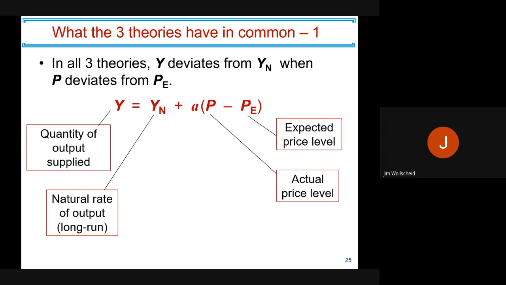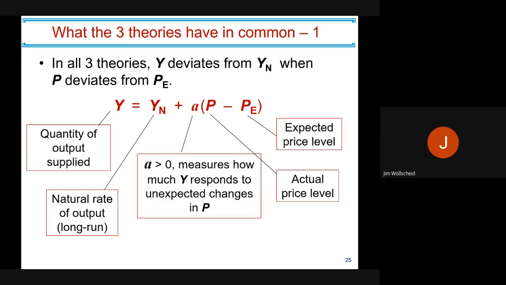What these theories do is give an explanation of why Y isn't YN, so why we aren't on the long run aggregate supply curve. Because what we have is an imbalance between what we expect the price level to be and what it actually is.